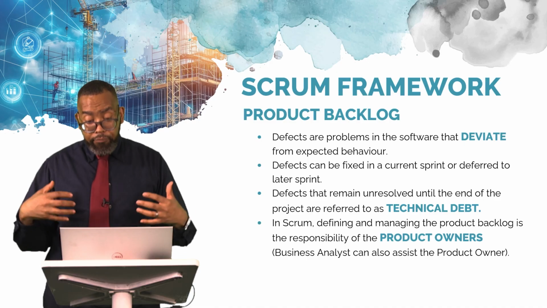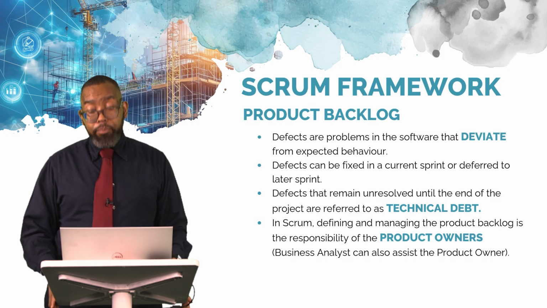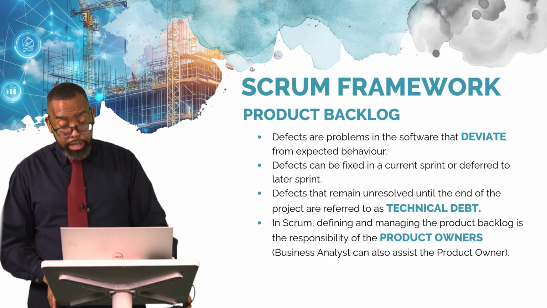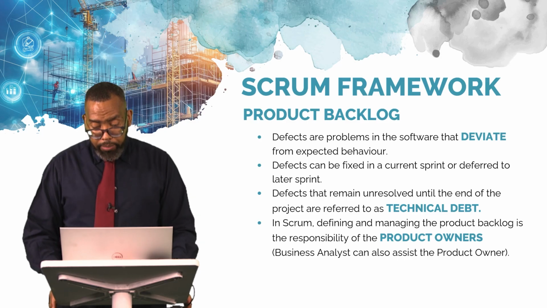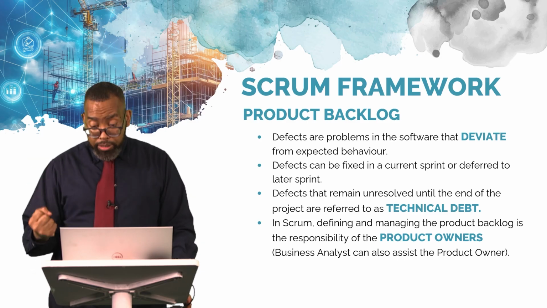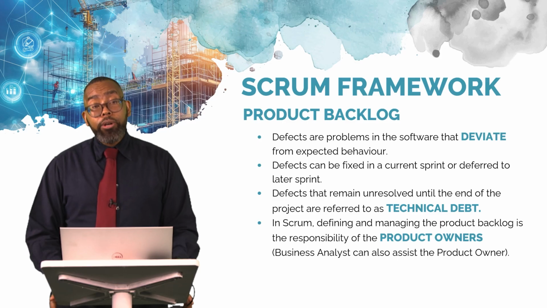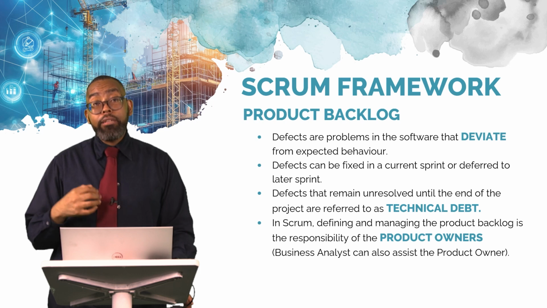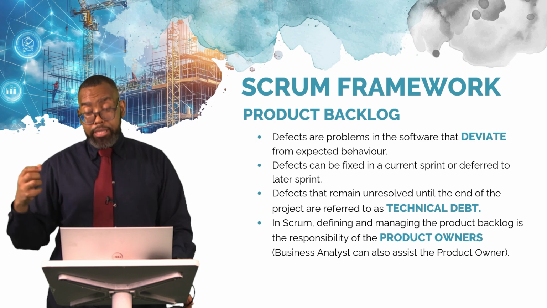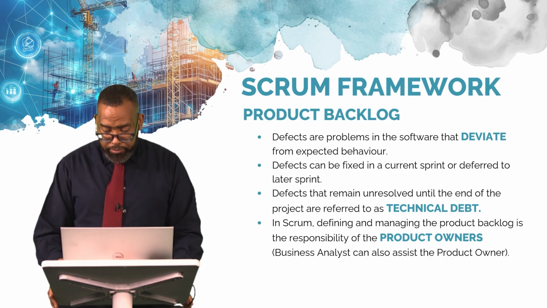Now, in Scrum, the responsibility of defining and managing and upkeep of the product backlog falls on the product owner. So the product owner is ultimately responsible for the product backlog, and is responsible to prioritize it and ensure that the development team are working on items that have been groomed and prioritized.